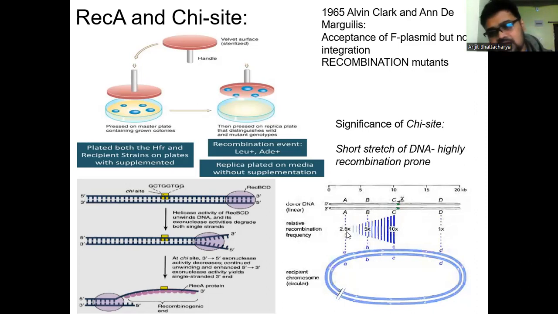So for A, it is 2.5 times, and here it is 10 times. So the recombination frequency gradually decreases if the distance increases from the chi site. So this is an observation which clearly indicates the significance of the chi sequence in homologous recombination.